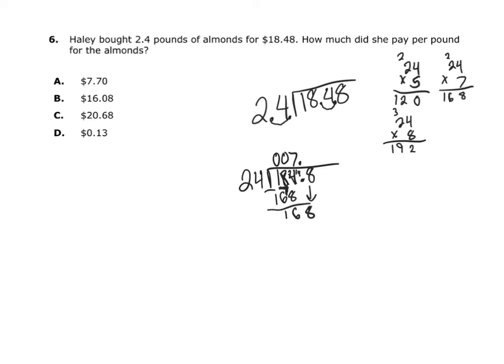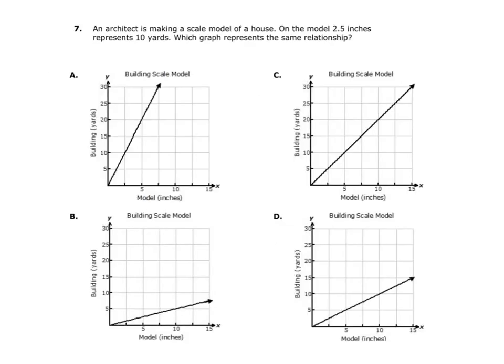And we figured out last time that 24 times 7 is 168. So this is a 7. It's 168. And that should be our answer. It's $7.70 per pound.